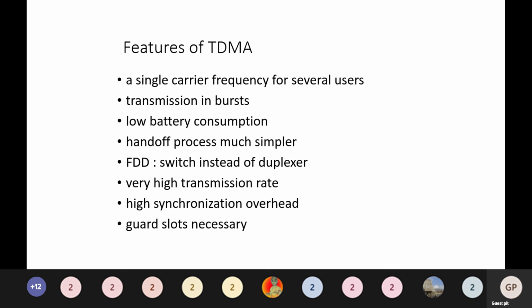So now you have a very high transmission rate. So high synchronization overhead. Guard slots are necessary.